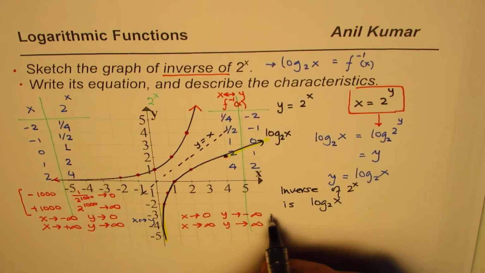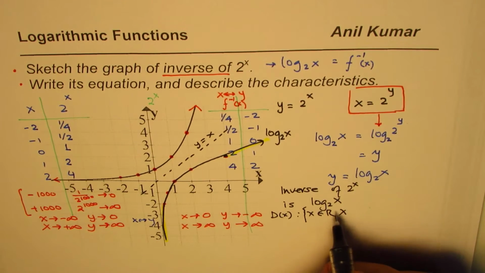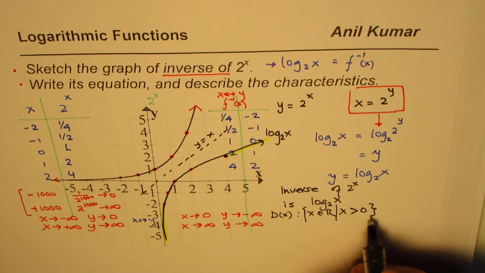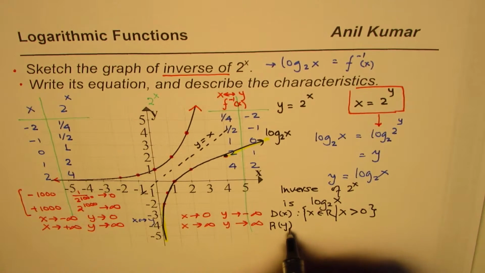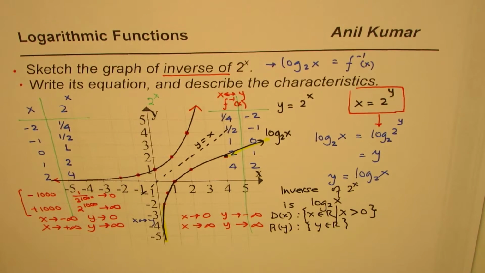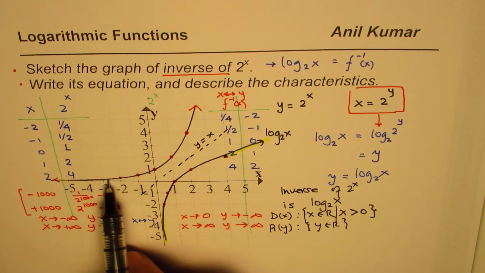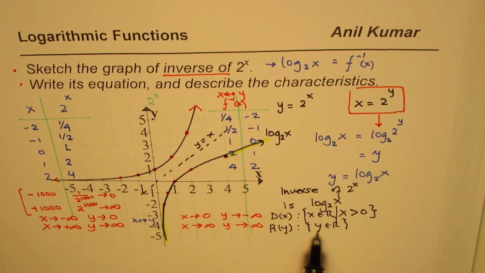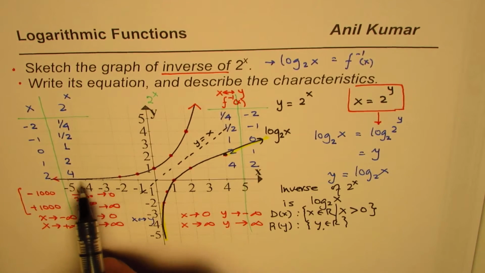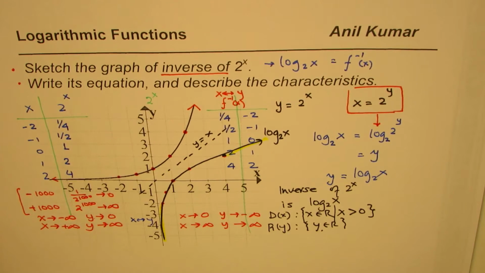So what we find here is that the domain is x greater than 0, as you can see, and as far as the range is concerned, y belongs to real numbers, all right? So you can clearly see that the domain and range swap. Here the domain is all real numbers, and here the range is all real numbers. Range is greater than 0, domain is greater than 0. So that is perfectly fine for us.